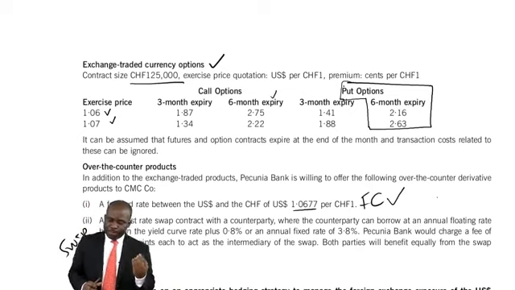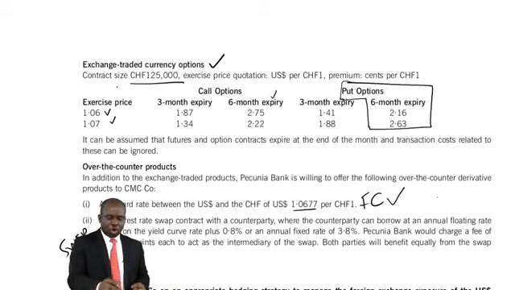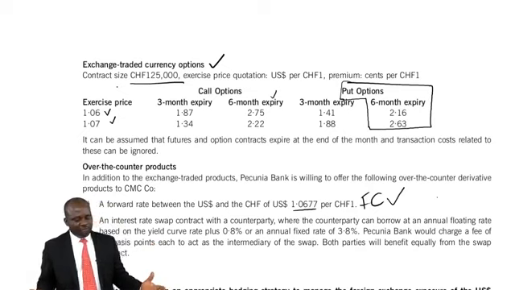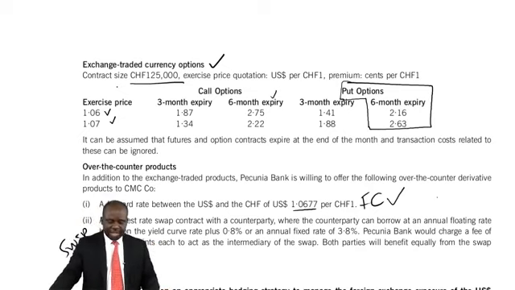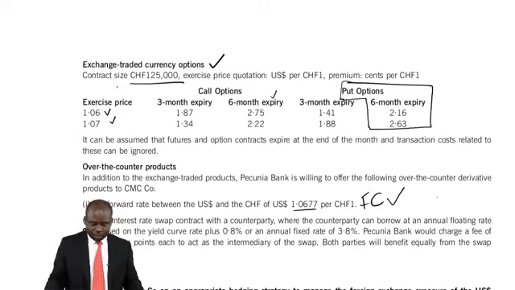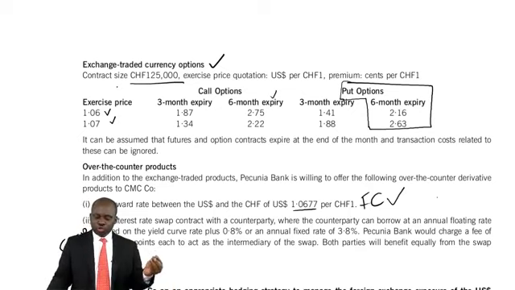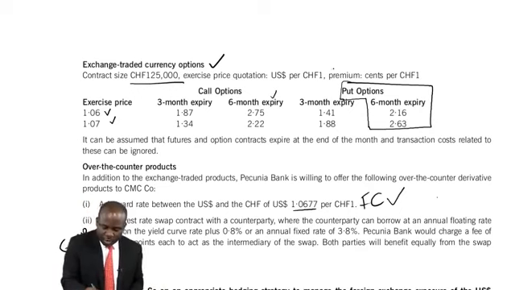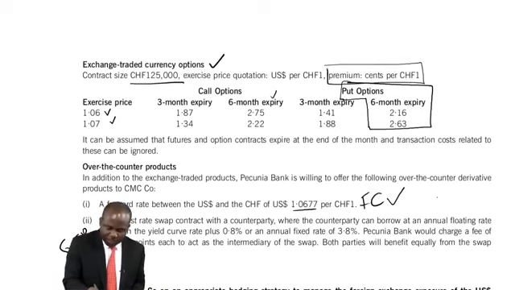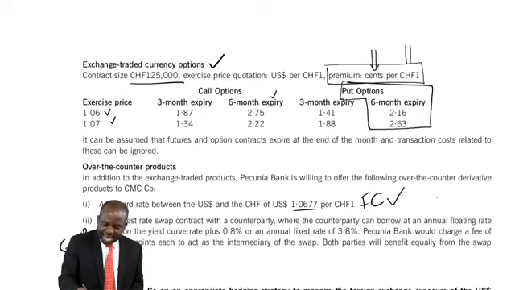Okay, so the meaning here is, read this. Contract size 125,000 CHF. Exercise price quotation, that is fine. US dollar per CHF. Premium, this is what they are telling you about the premium. Premium is cent per CHF.